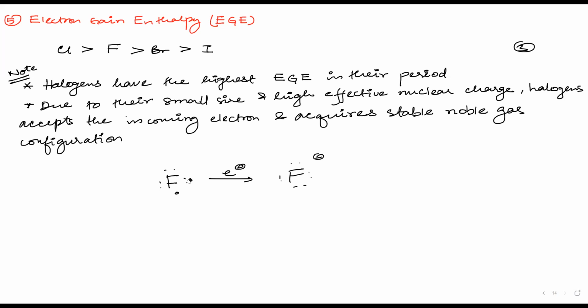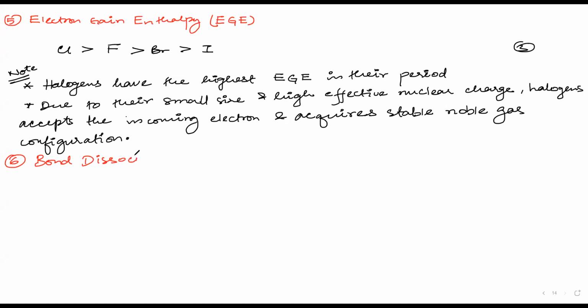So these halogens are just shy of 1 electron to get the noble gas configuration, right? Next, write the 6th point, bond dissociation energy. That reaction we won't write. It is not a reaction. I was just explaining that from 7 electrons, you will get 8 electrons.